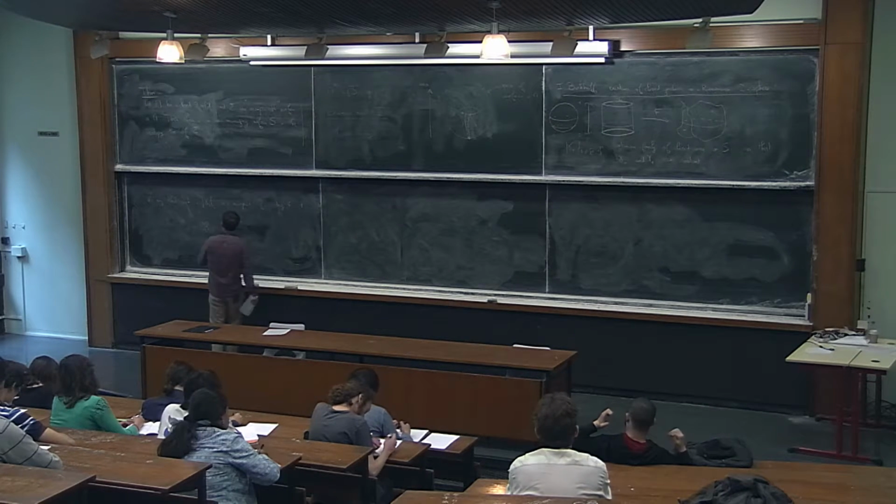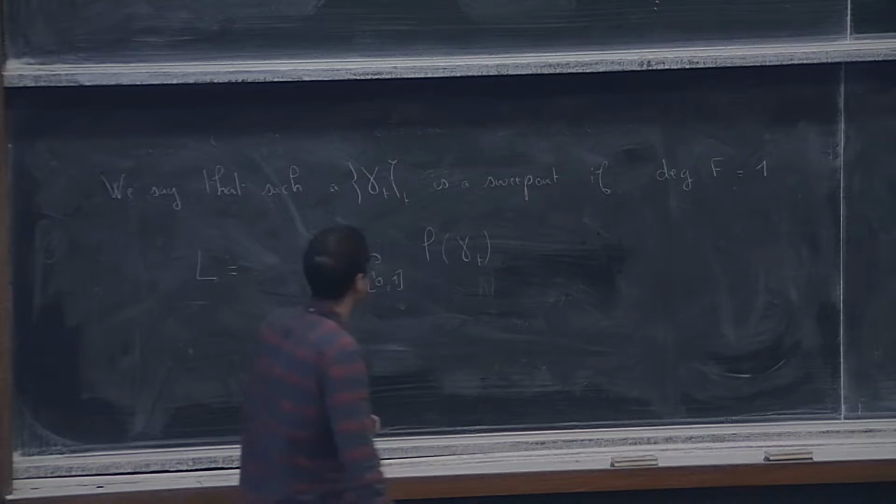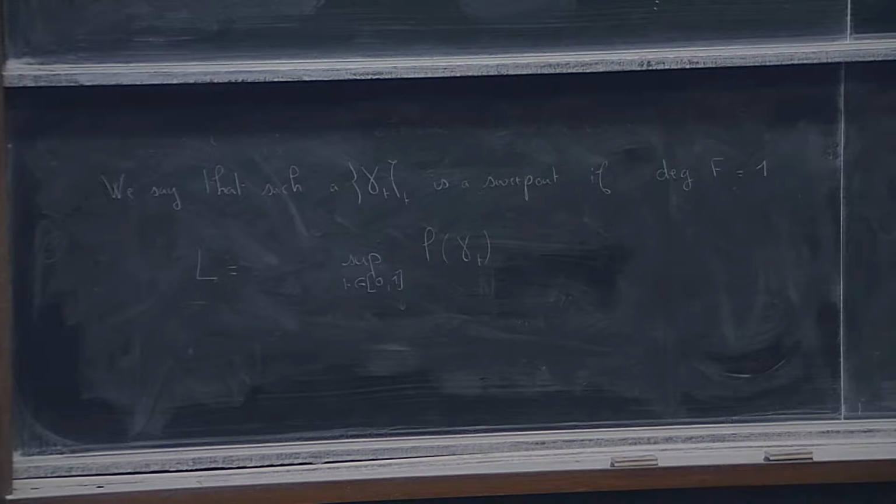So you look at the sup of the length of gamma sub t. And on my picture, gamma sub t is just a continuous path in the space of all curves on the sphere, like this, and I look at the maximal point for the length functional.